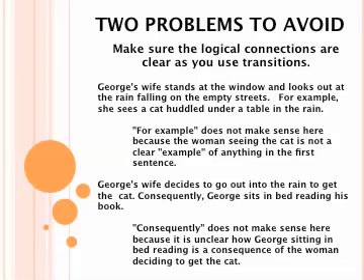That makes no sense at all. So consequently does not make any sense here because it's unclear how George sitting in the bed is a consequence of the woman deciding to get the cat. So make sure your transitions are clear. Make sure you're using the correct transition at the correct place.